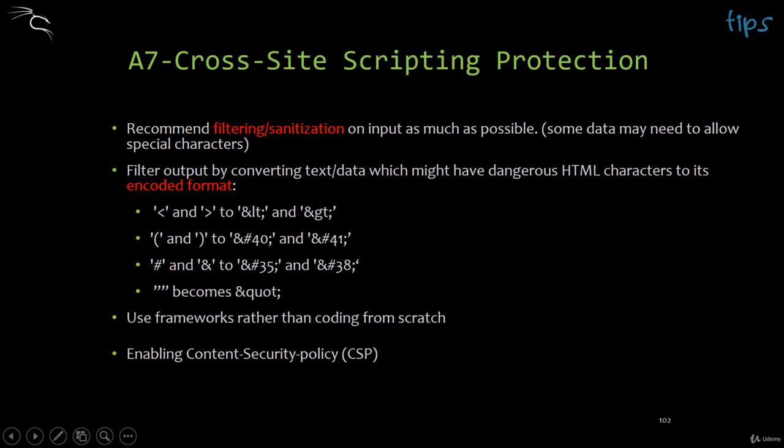It is also recommended to filter or encode output in order to escape the characters that might be used for cross-site scripting, by using base64 encoding, for example. And it's advisable to enable the content security policy, which is a defense-in-depth mitigating control against cross-site scripting.